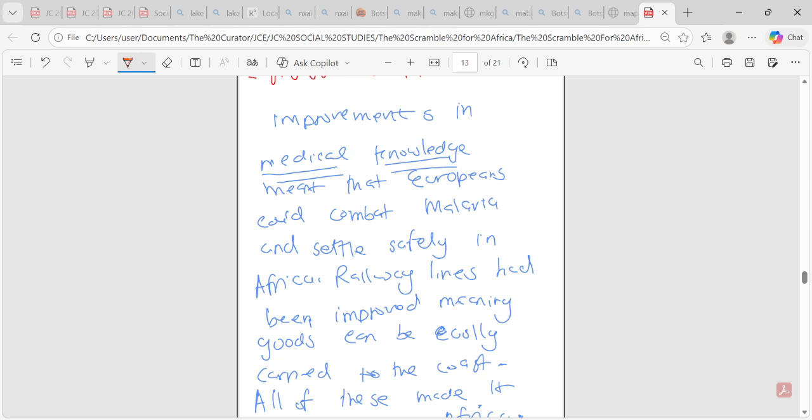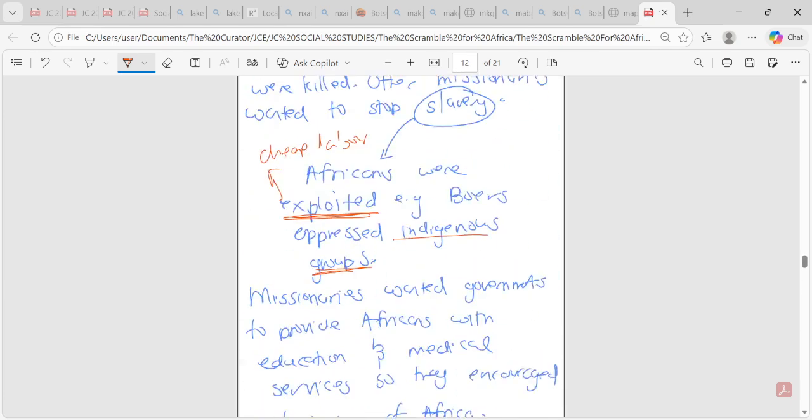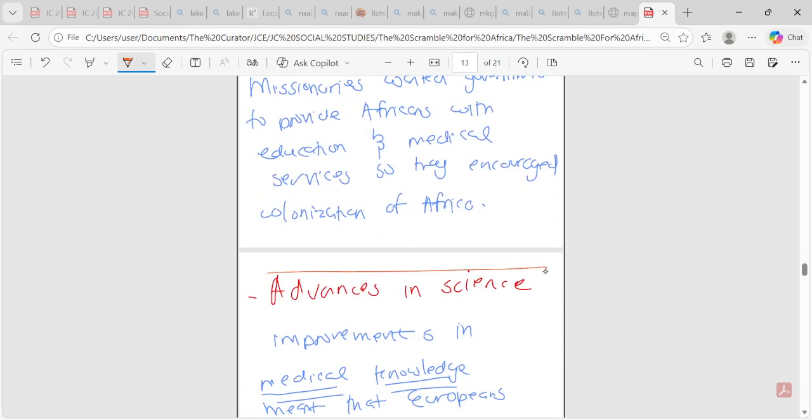So they had made advancements in medical knowledge. This meant that they could travel safely in Africa. Railway lines had been improved, meaning that goods could be easily carried to the coast. All of these made it easy to colonize Africa. So they had this confidence about them because their science had improved.